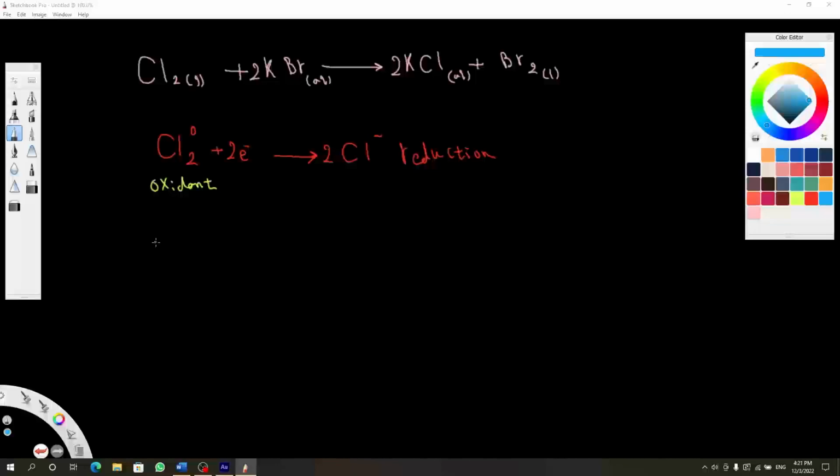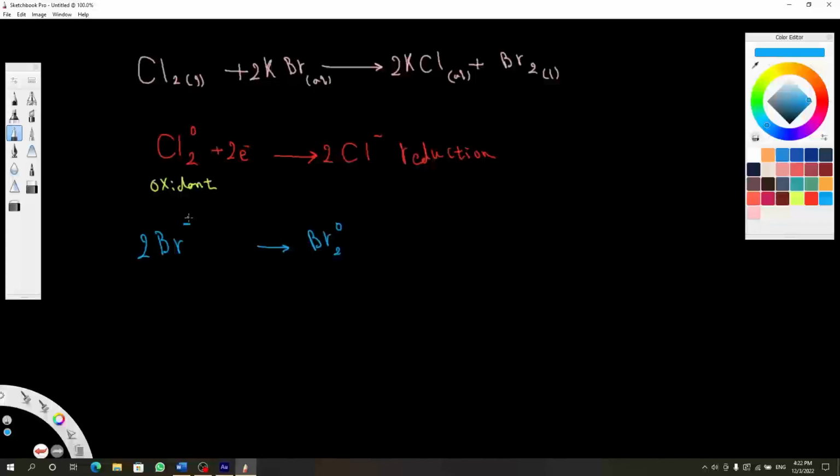In the reactants we have bromide ion here, carrying a negative charge, and we have 2 of it. And in the products we have Br2, 0.